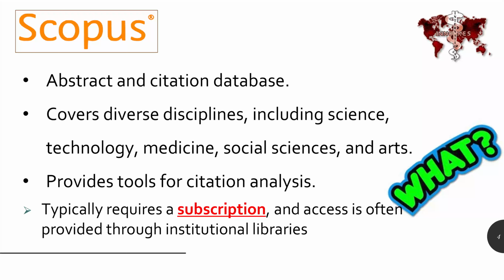But these fees are borne by institutions like your university where you are studying, a research company, a pharmaceutical company, or private hospitals, which are also research centers. These institutions pay the subscription fees, and the members of the institution can access them.